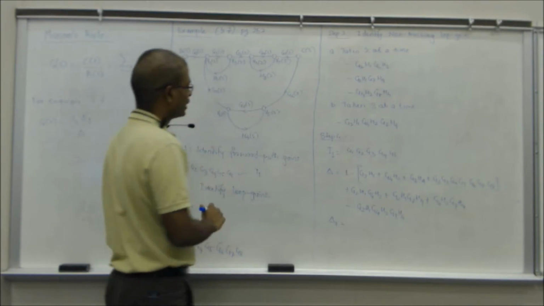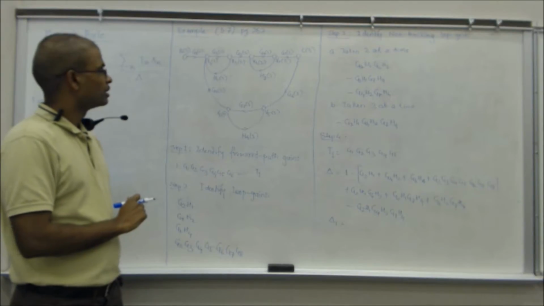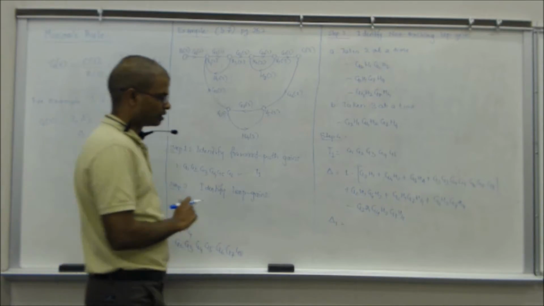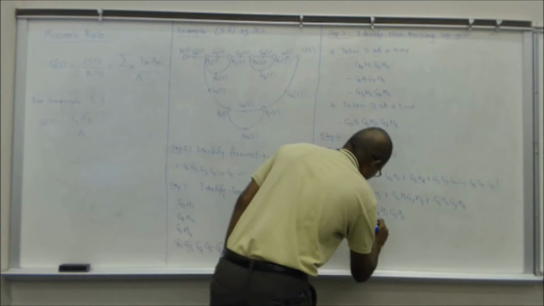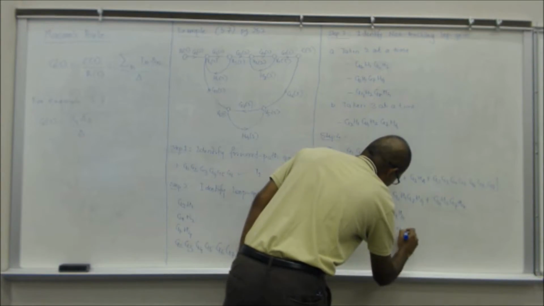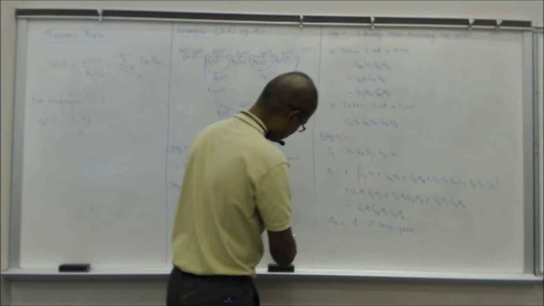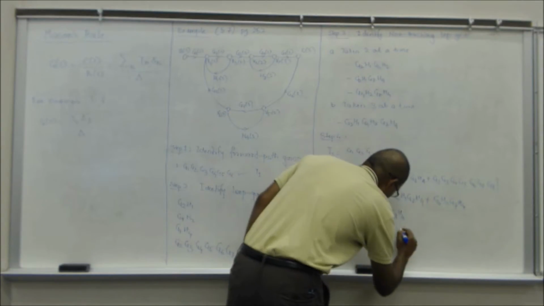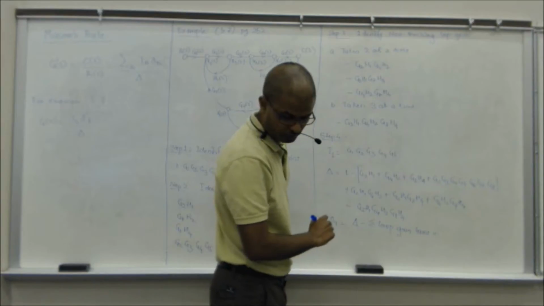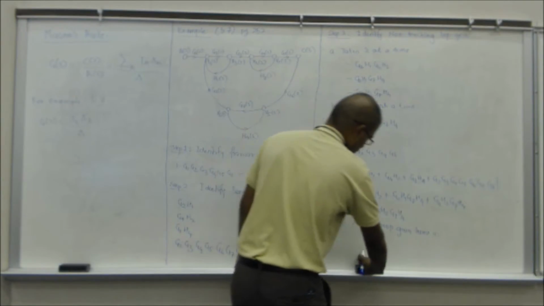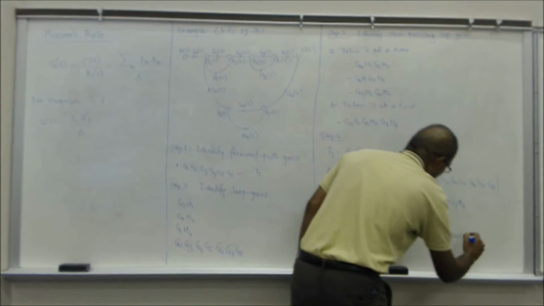If you look at the forward path and eliminate all the loop gains that touch the forward path, so it's delta minus the summation of loop gains that touch the forward path.